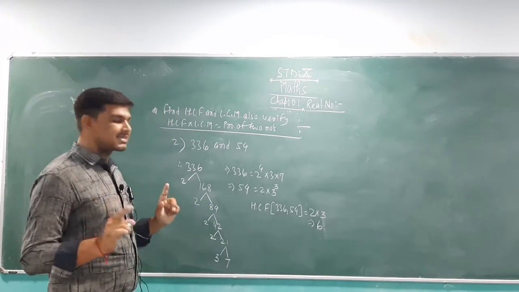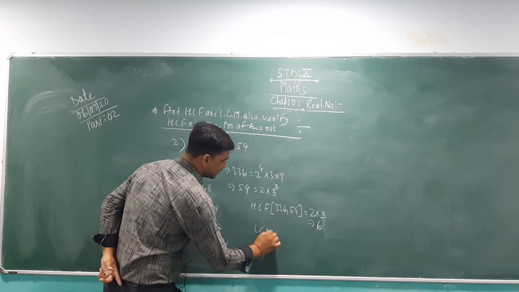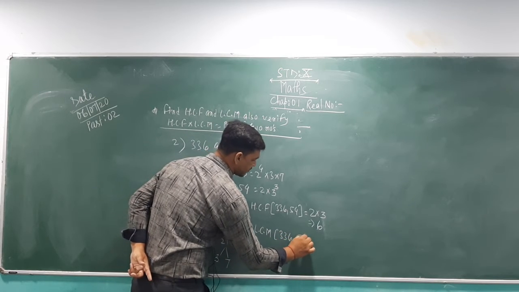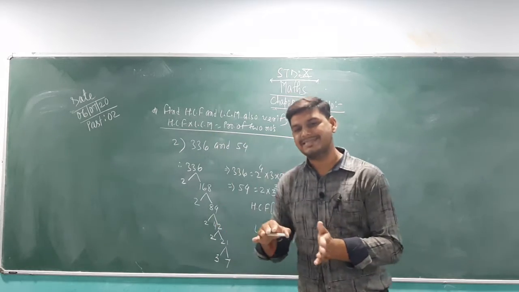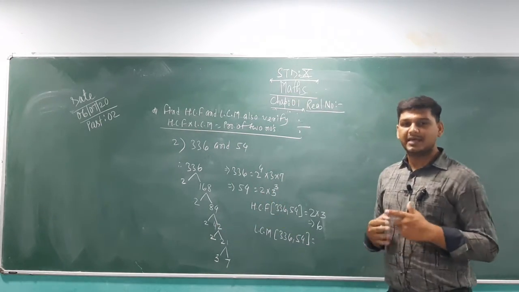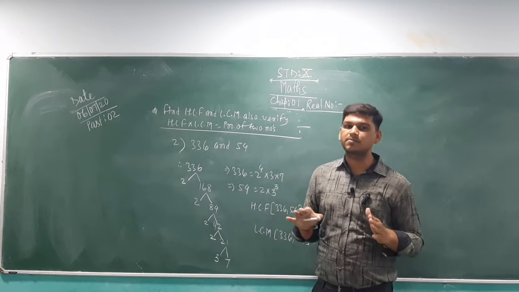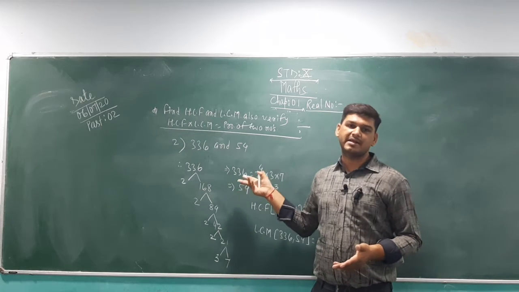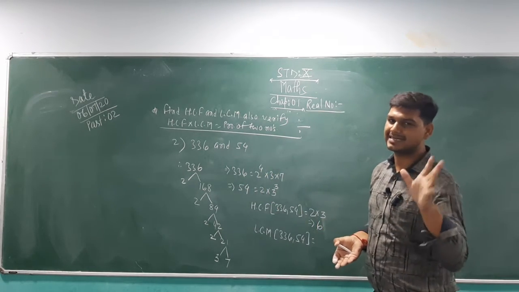Now next is called LCM. We have to find out the LCM of 336 and 54. Okay. Now the LCM is slightly different from the HCF. In the HCF, we write the numbers which are common and have the least power, while for the LCM, the common numbers having the maximum power are written.